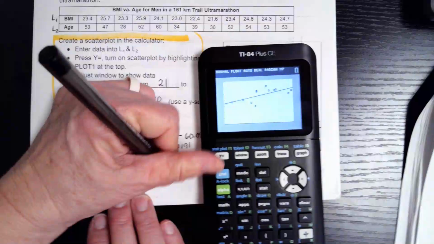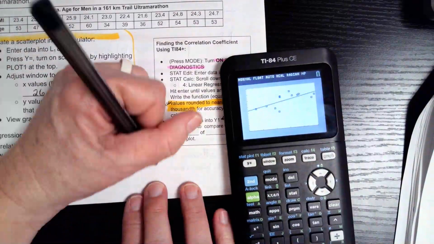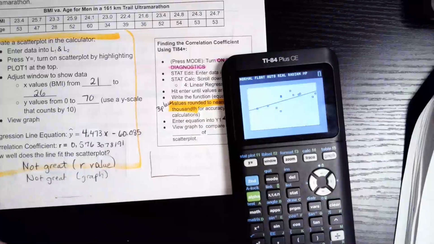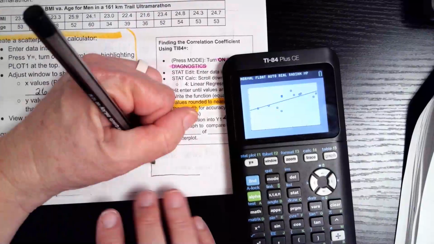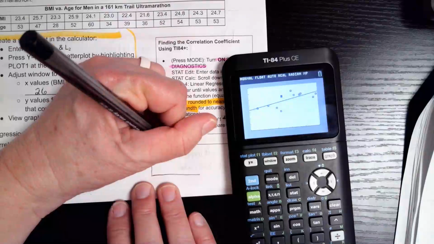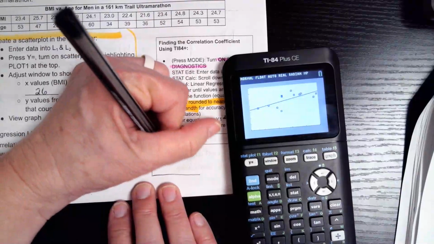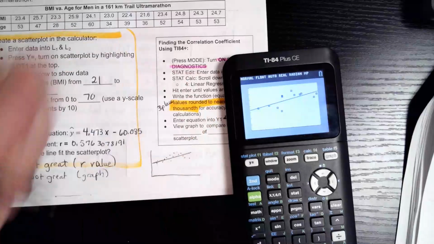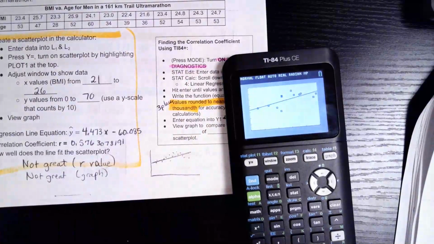And in your notes, why don't you sketch a bit of a picture of what you see? You've got this positive line and some points above and some points below. All right. It's not a super tight fit.